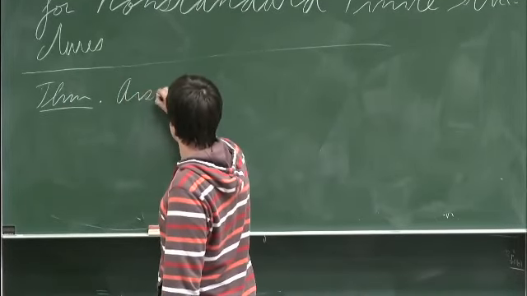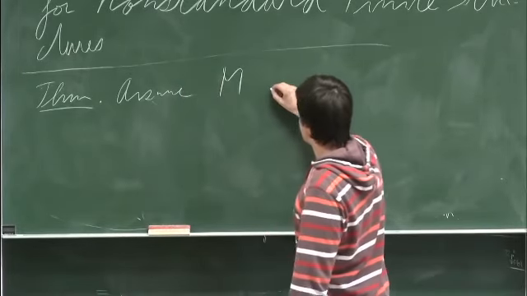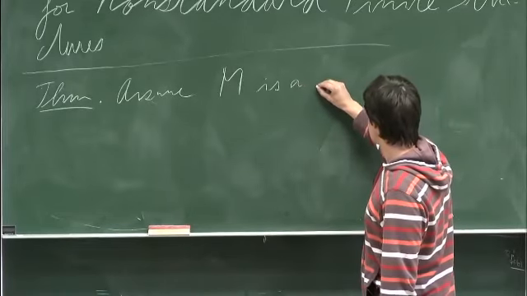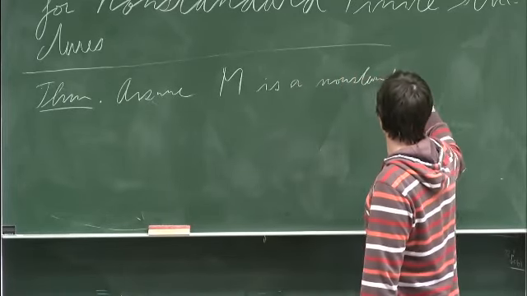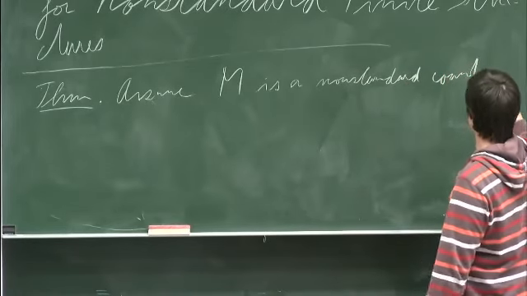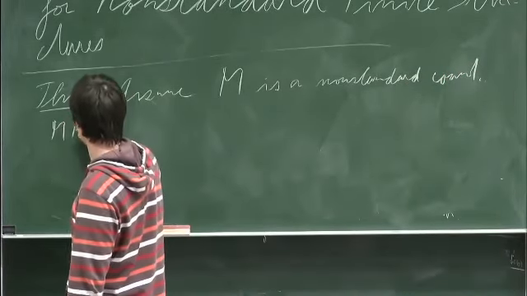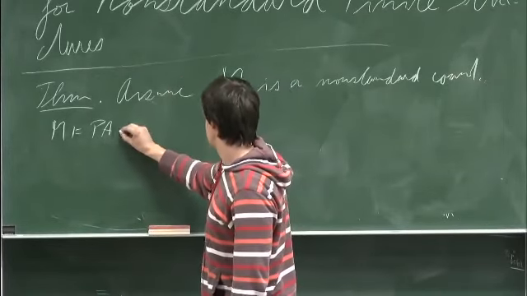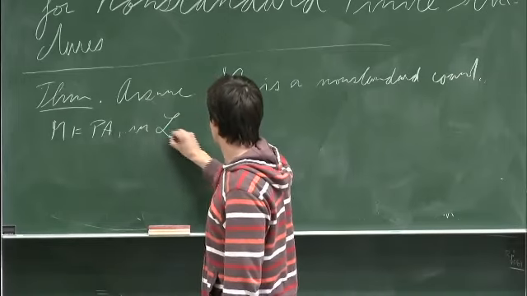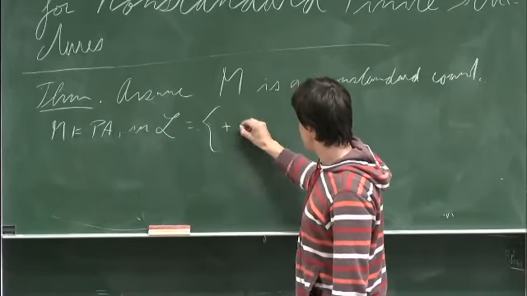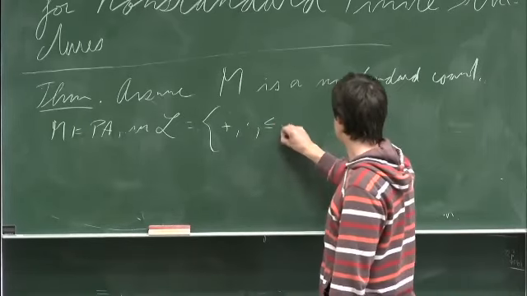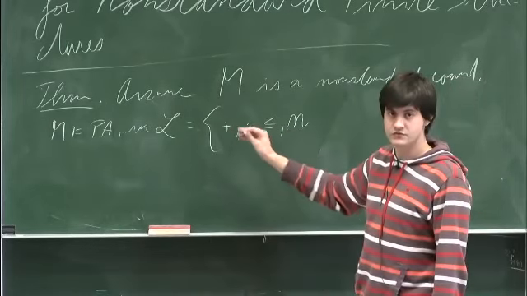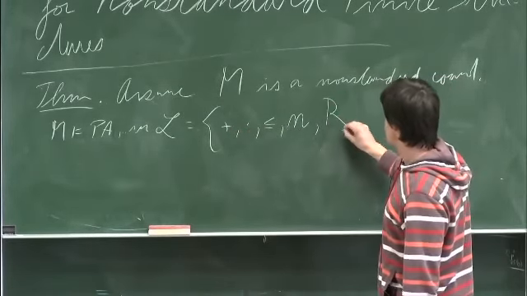So assume M is a non-standard countable model of Peano arithmetic, formulated in the following language, which consists of plus, times, less than or equal to, then a special name for a certain non-standard element chosen from M, and then some other relations.